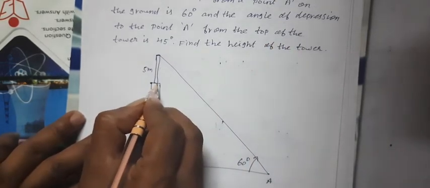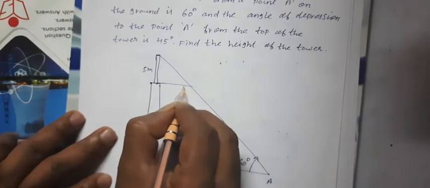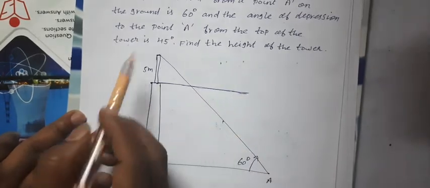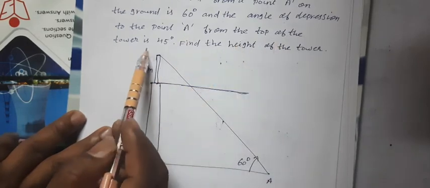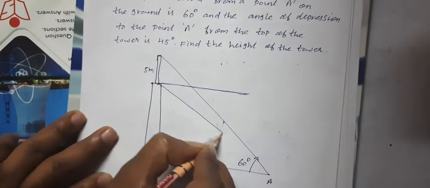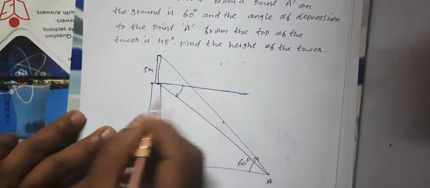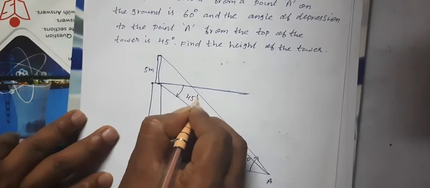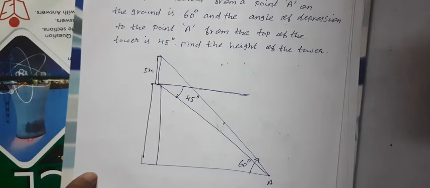This is the top of the tower, and the angle of depression to the point A from the top of the tower is given as 45 degrees. Then we have to find the height of the tower.